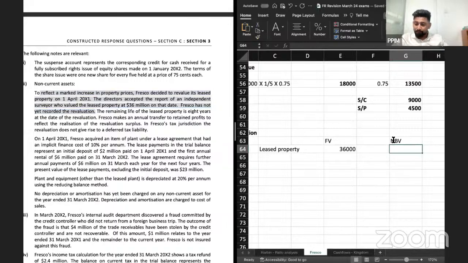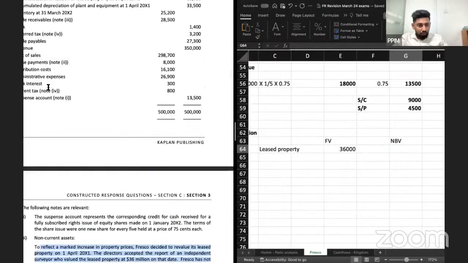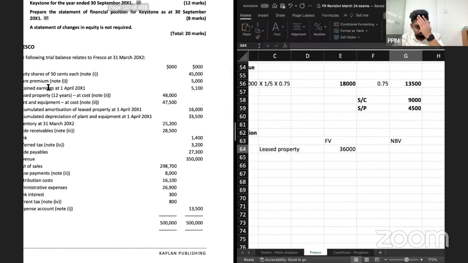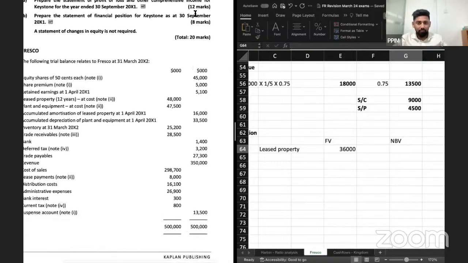Now, how much is your net book value? Everybody, how much is your net book value? Lease property, how much is your net book value?